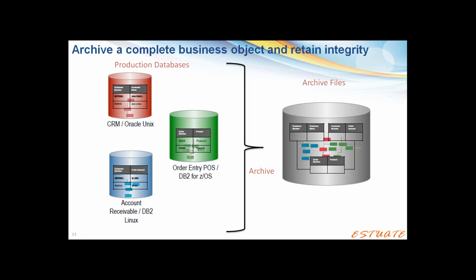Optim will be capable of copying the reference data from the CRM application and the rest of the inactive transactional data from both of those databases by maintaining the referential integrity, and after archiving it can create a common, single access for all the archive data. Thus it helps in meeting the service level agreements for the archive data, and also helps in moving the archive data to cheaper storage devices as well. Moving to the next slide.